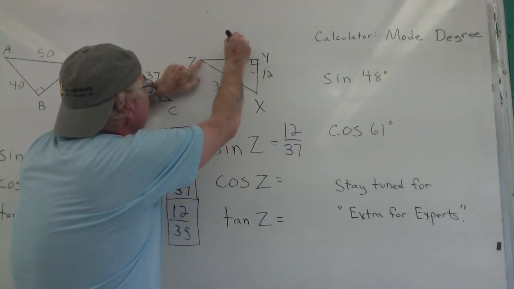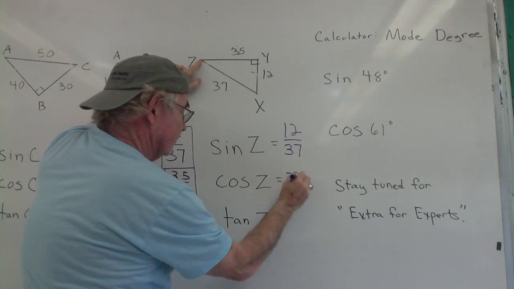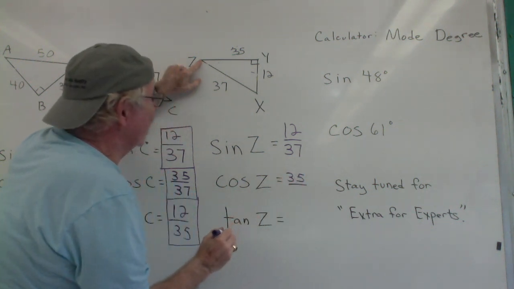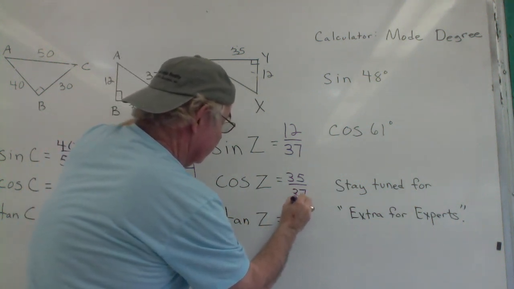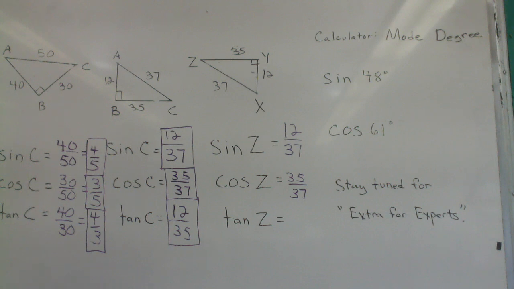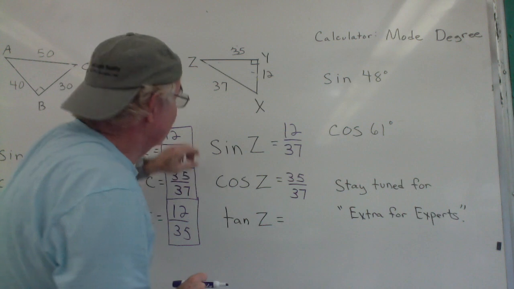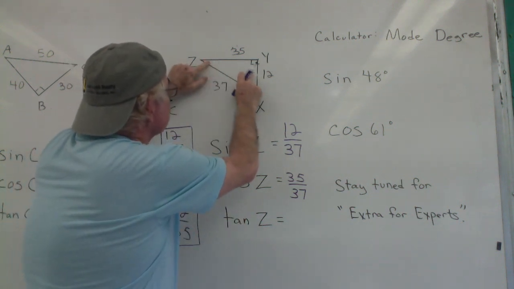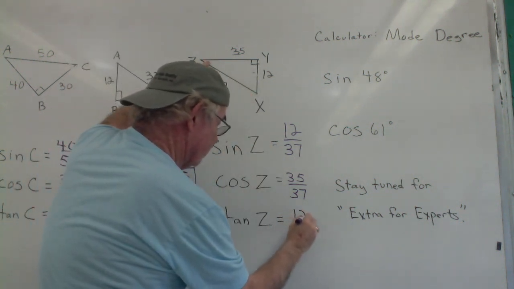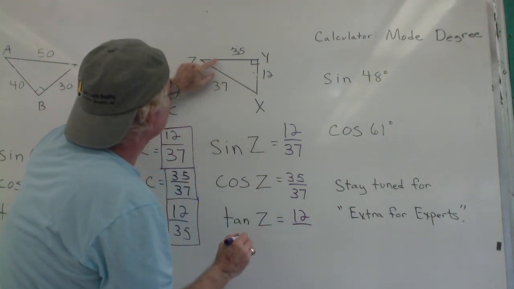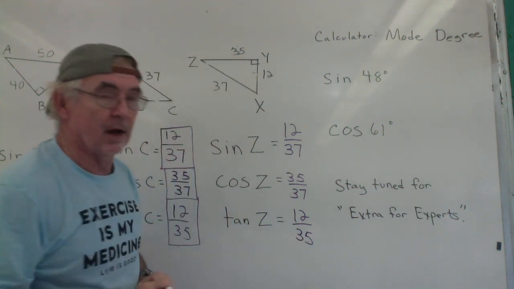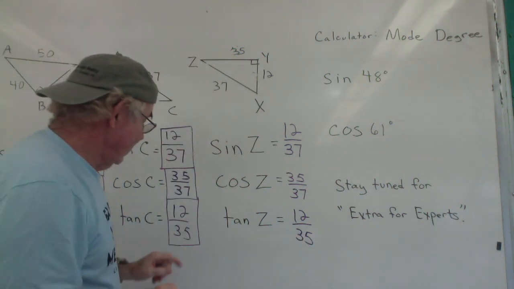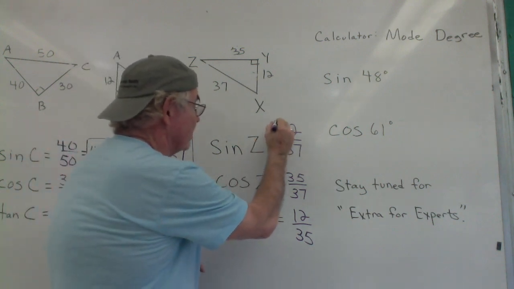This one's touching it. Over the hypotenuse. And our last one is the tangent. The tangent is the opposite divided by the adjacent. And once again, it will not reduce. So you see some similarities.